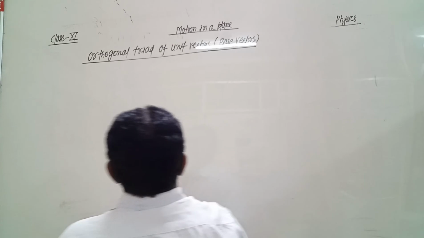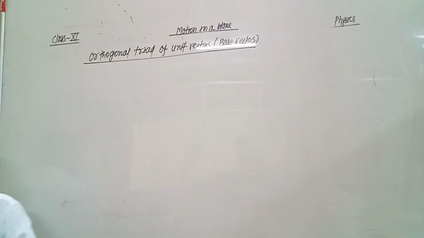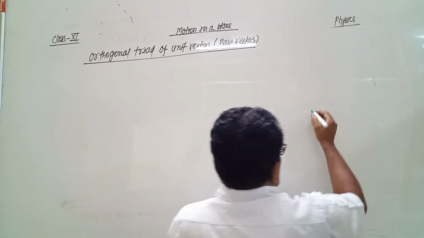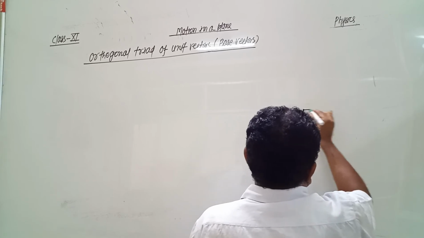About unit vectors, we have already studied that unit vectors are those whose magnitude is unity, whose magnitude is 1. We take three unit vectors, i cap in the direction of x, j cap in the direction of y, and k cap in the direction of z. So let us try to understand by a diagram.